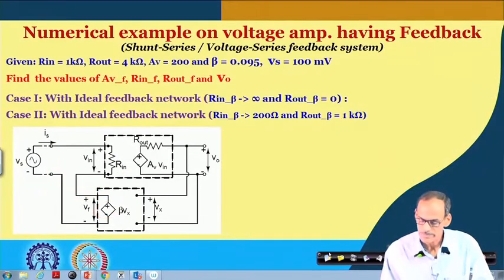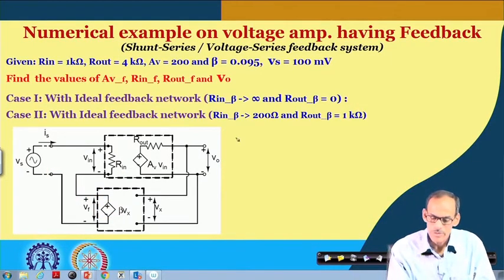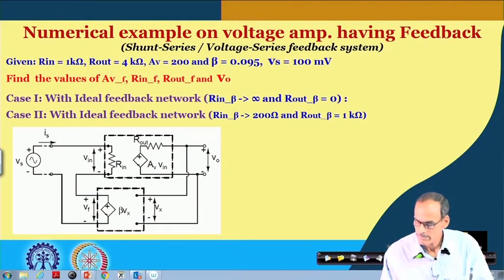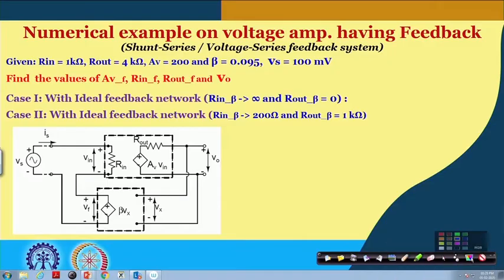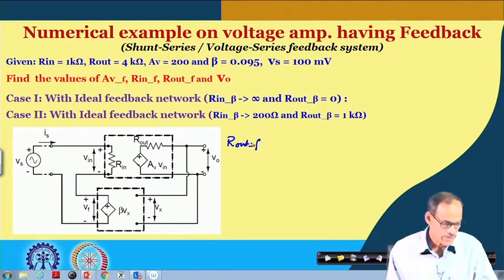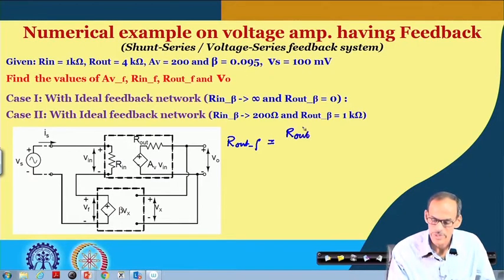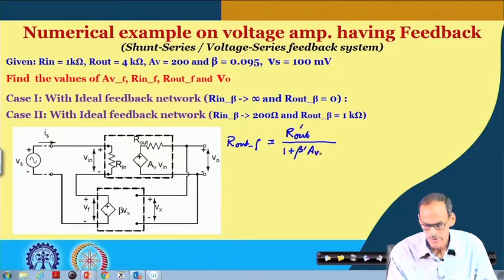To get R out F, what formula can we use? There are two formulas. One is R out dash divided by 1 plus beta dash and AV dash. All are load affected.